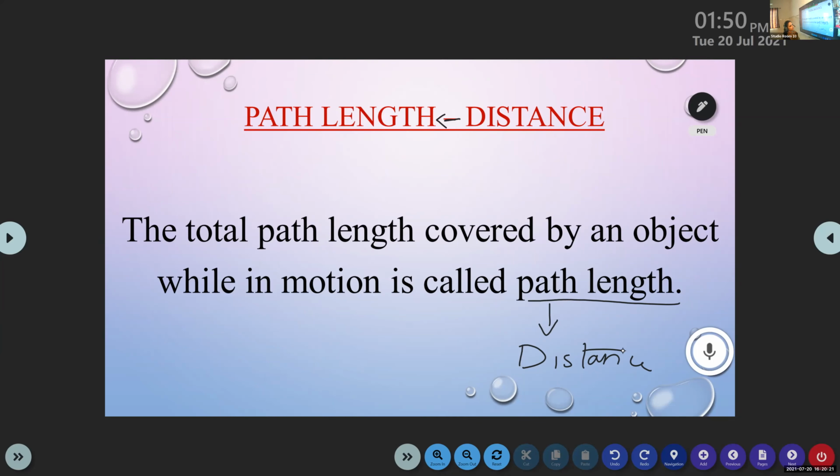The total path length covered by an object while in motion is called path length. The path length is also known as distance. Both are the same. Path length or distance.